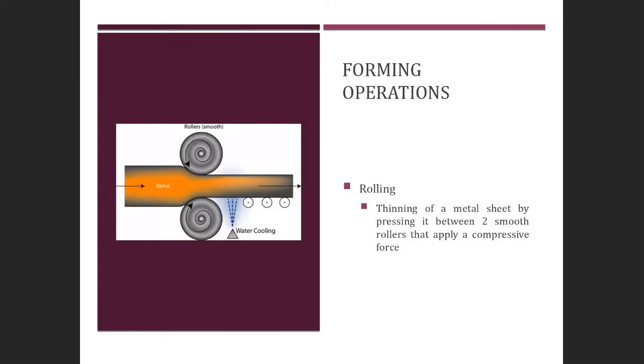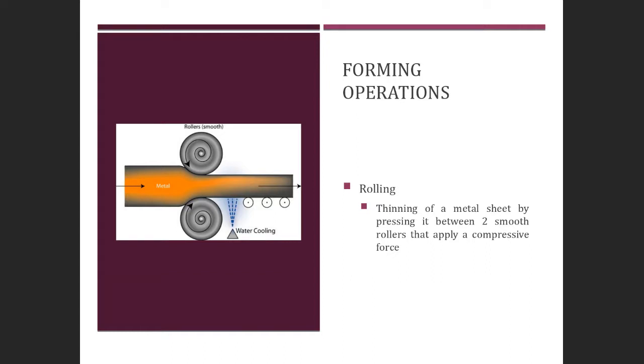Forming operations in terms of rolling. You have two rollers that will reduce the cross-sectional area. The metal goes into these rollers hot, and right after they flow through the rolls, the water then cools the material. Once again, this can be done hot or cold. If it's done cold, you can actually heat up the metal because of the amount of deformation you're creating in the material itself.